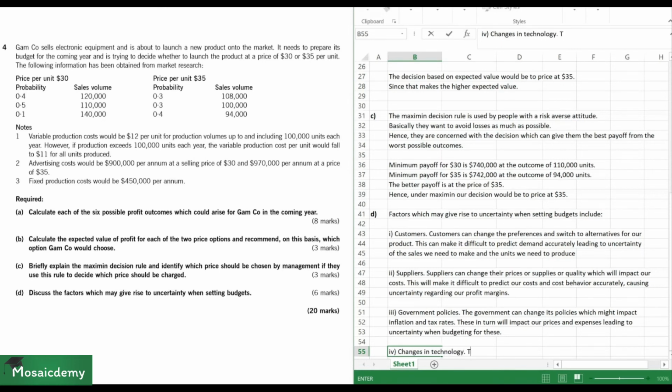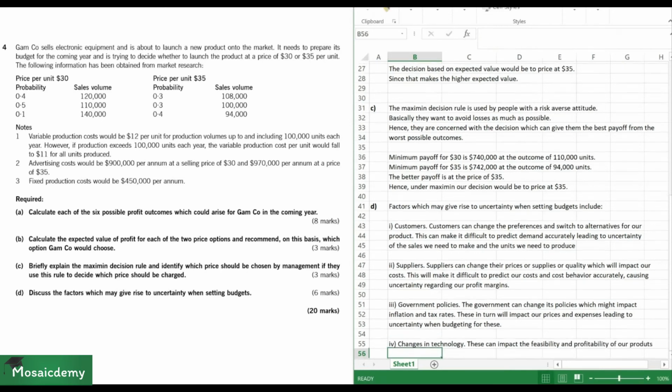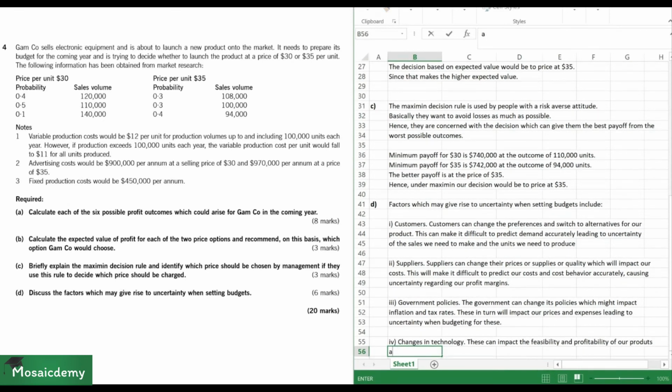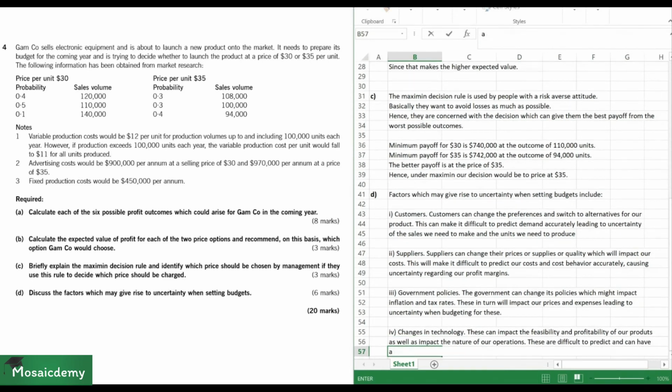These can impact the feasibility and profitability of our products, as well as impact the nature of our operations. These are difficult to predict and can have a major impact, making them a large source of uncertainty, right?